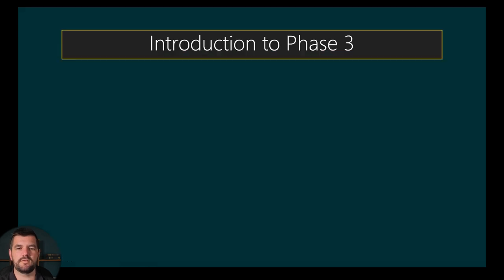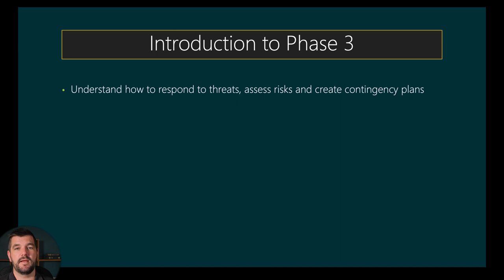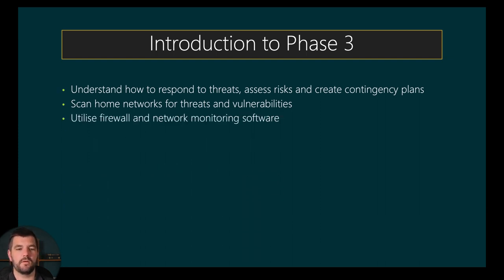To finish off, let's introduce Phase 3. In Phase 3, we're going to understand how to respond to threats, assess risks, and create contingency plans for those working in the field. Scan home networks for threats and vulnerabilities. Utilize firewall and network monitoring software on our computers.